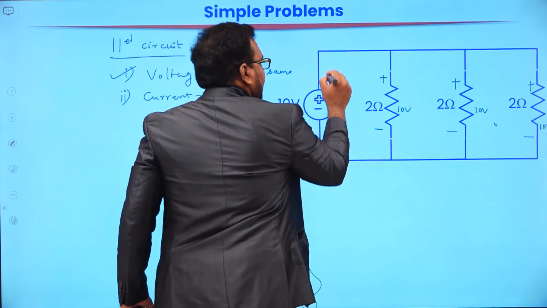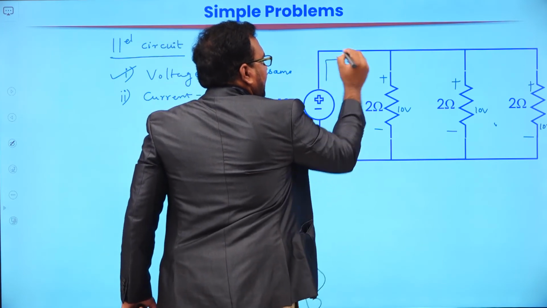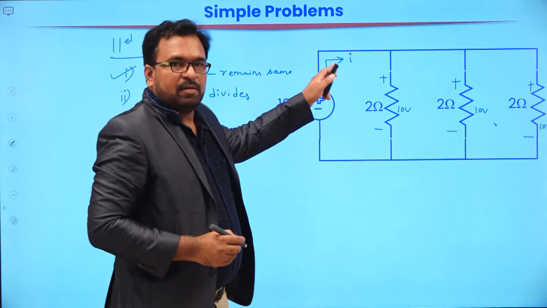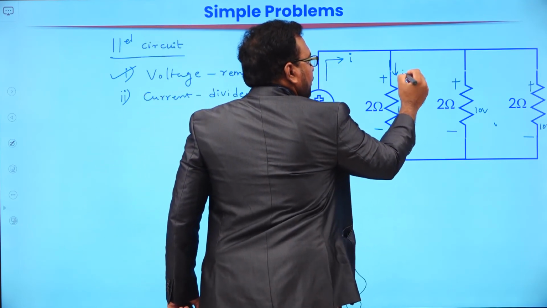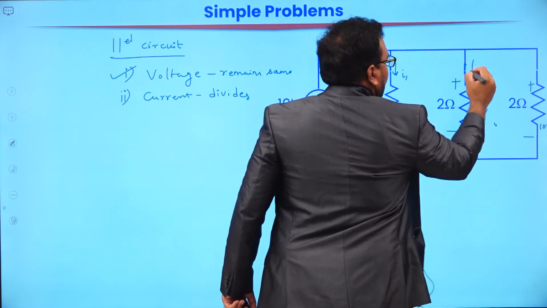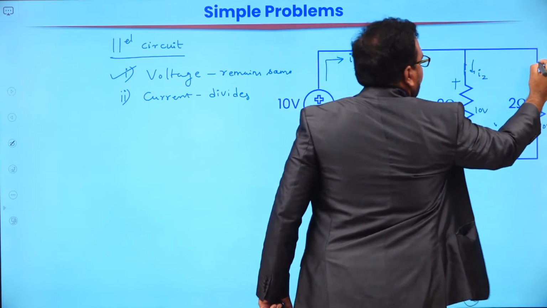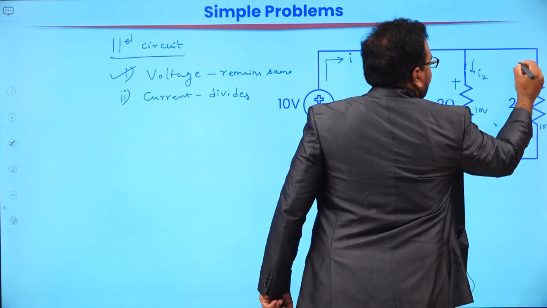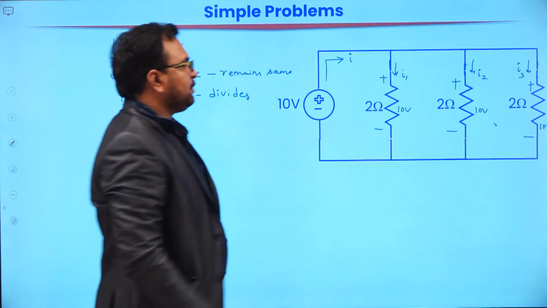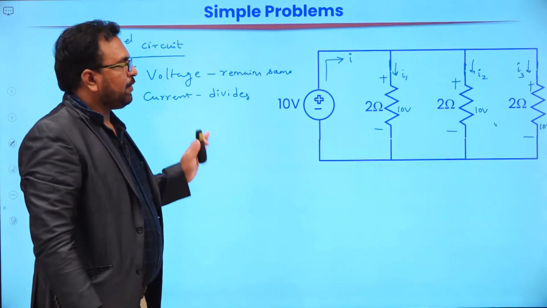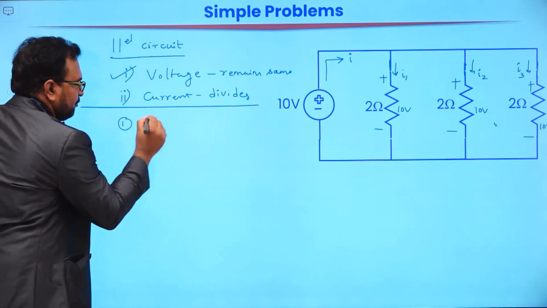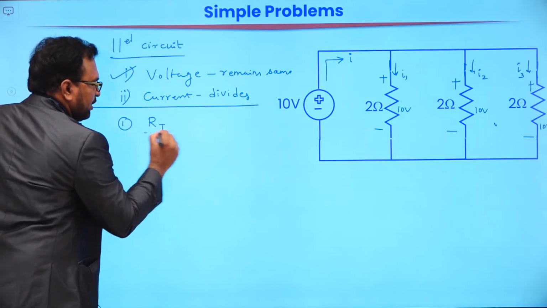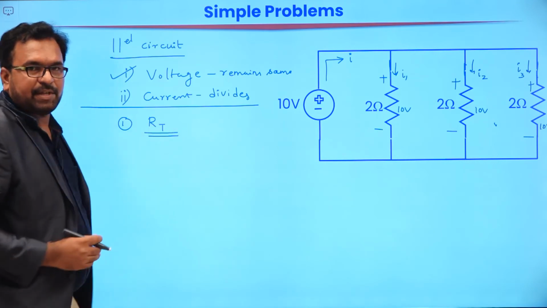And what about the current? Assume that the total current I coming from the source is going to be divided as I1, I2 and I3. The first thing you have to do is find out the equivalent resistance. You have to calculate the total resistance or equivalent resistance of the given circuit.